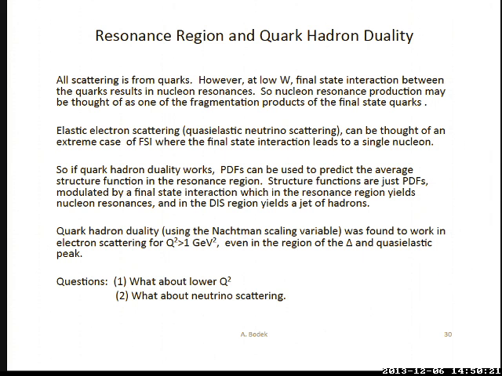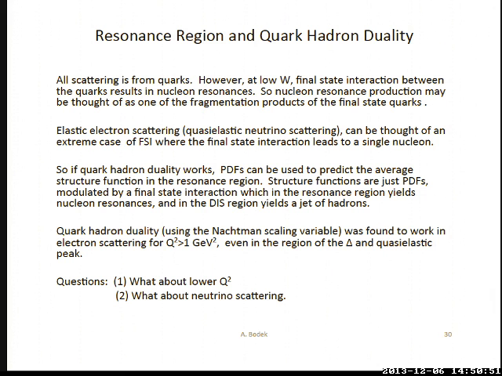So this is really pushing things to the extreme. But if quark hadron duality worked, these PDFs can be used to predict the average structure function in the resonance region. Structure functions are just PDFs modulated by a final state interaction. And in a sense, this is the kind of fit people do when they want to do gradient corrections. Most of the fits to the SLAC data, when we do the gradient correction, is an inelastic curve modulated by some resonance structure.